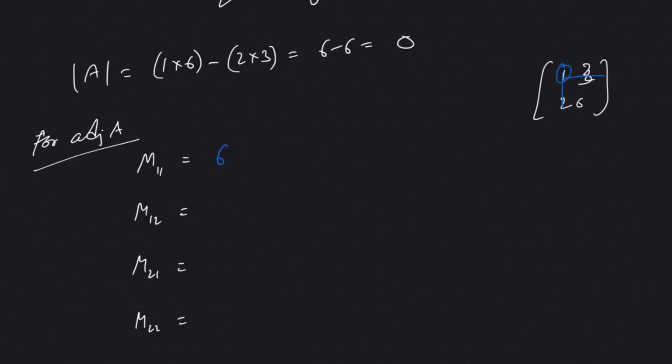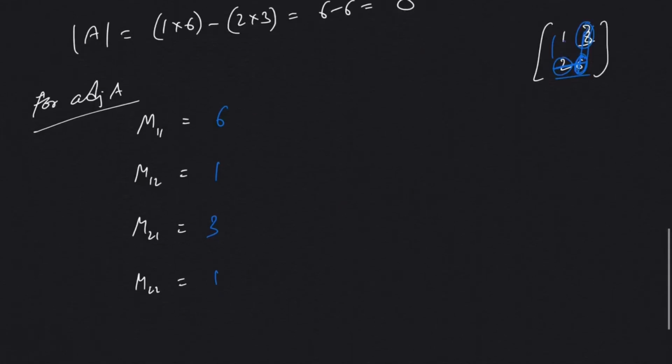For M12, that will be 1. For M21, this row, this column, so that will be 3. For M22, that will again be 1.